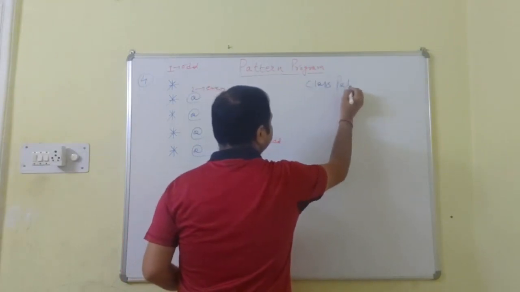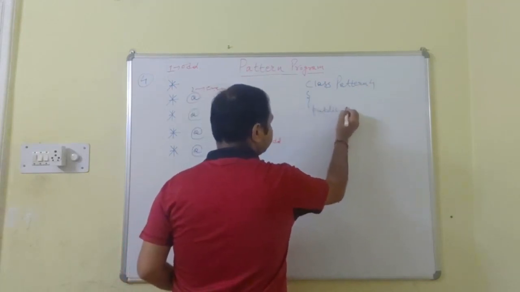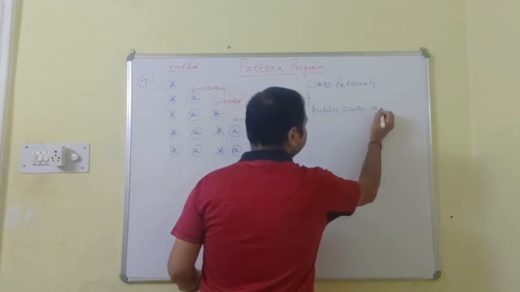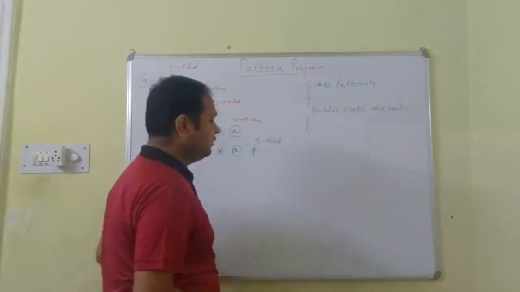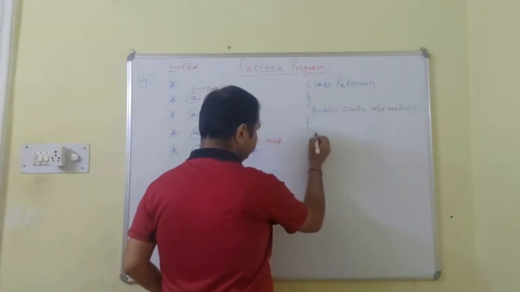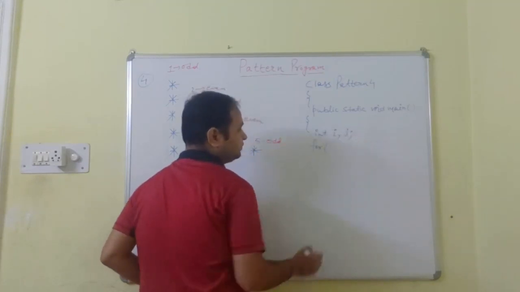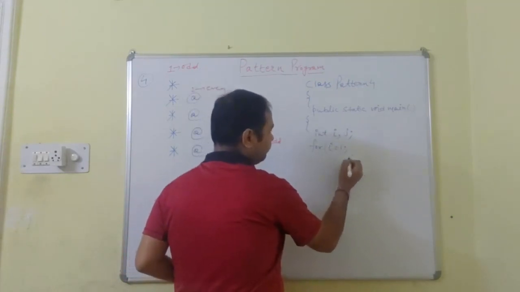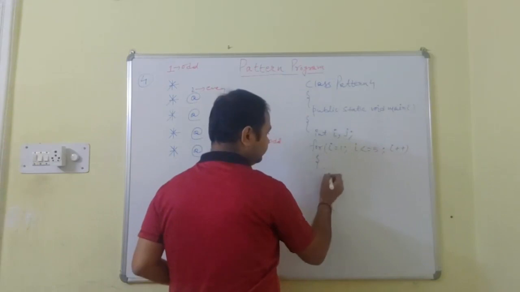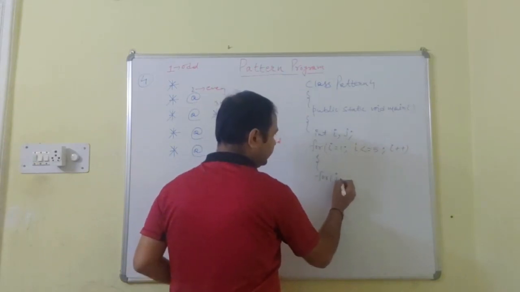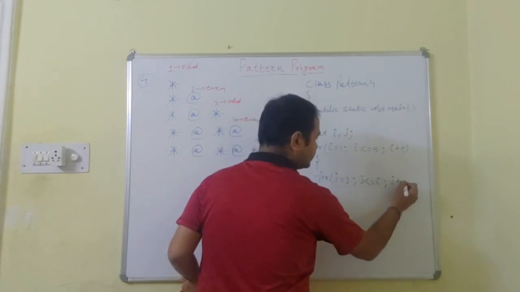Class Pattern4, public static void main, int i, j. for i equals 1, i less than or equal to 5, i plus plus, then for j equals 1, j less than or equal to i, j plus plus.